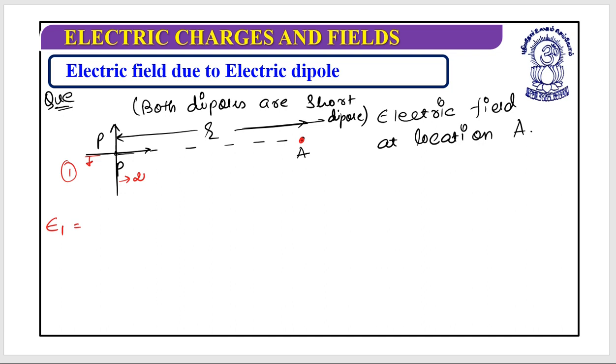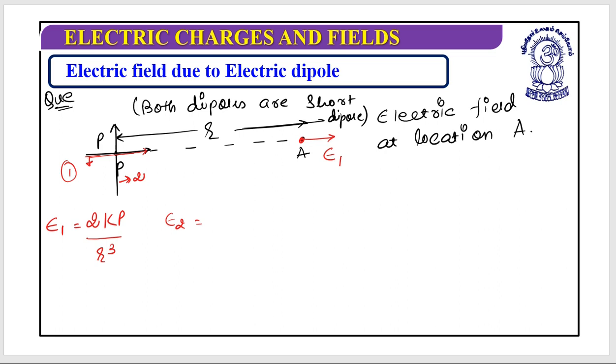So when it is at axial position, I need to write it like this: it is 2kp by r cube. And the direction of this is the direction of dipole moment p, so it would be in the same direction. And for the second dipole, this point is at an equatorial position.